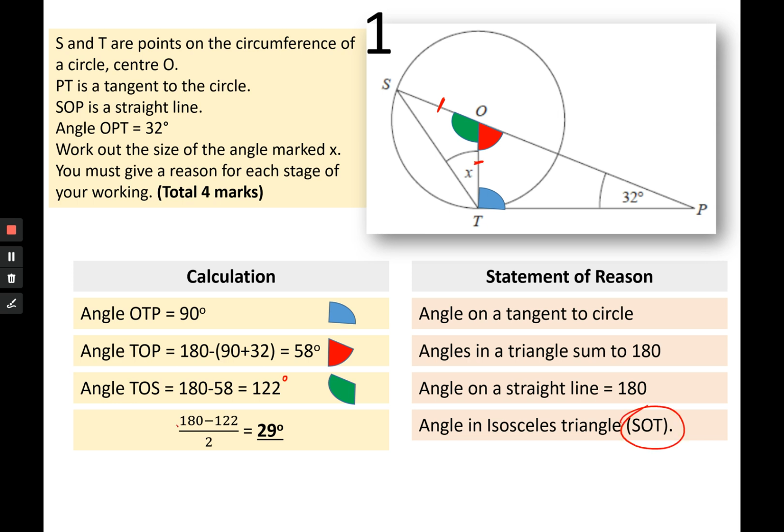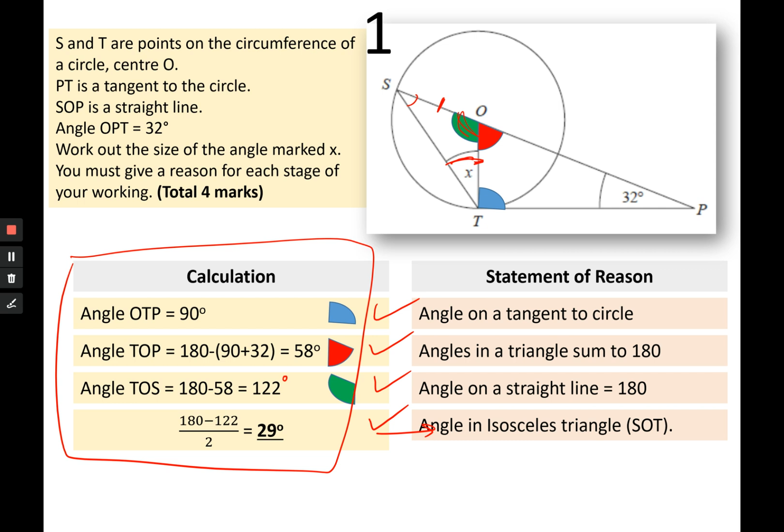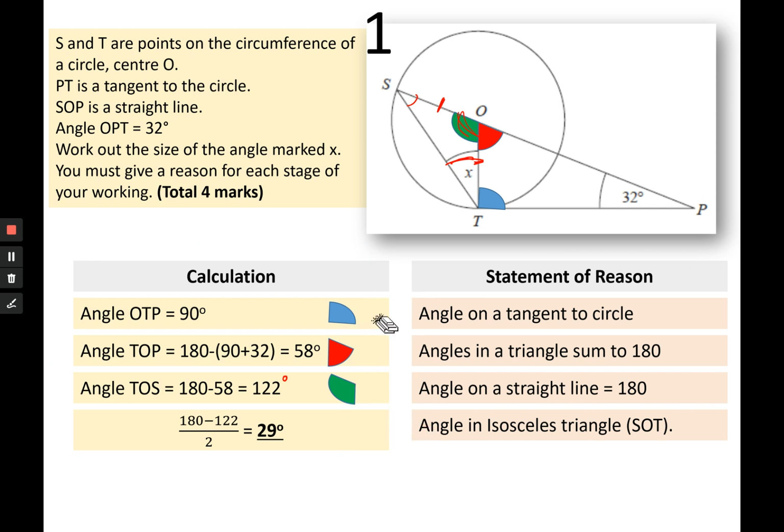So then I do 180, take away the green angle, and I divide by 2 to work out the 2 x's, which is 29. So notice how I have a reason attached to every calculation. That's the only way to get 4 marks with a reason. If you did just this bit here, you might get 1 mark possibly.